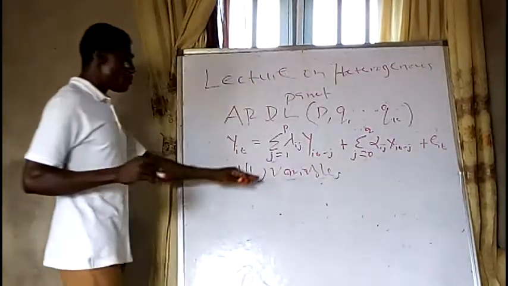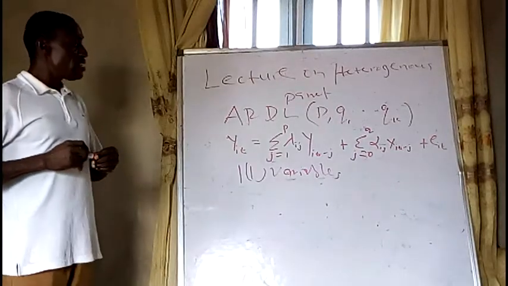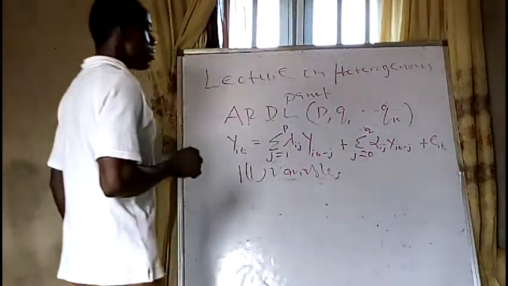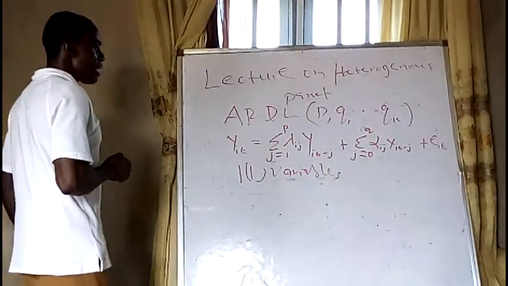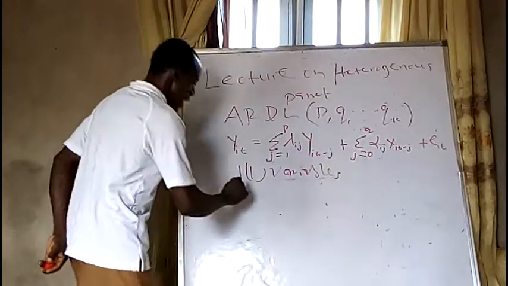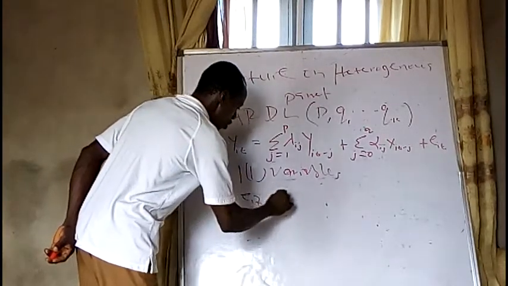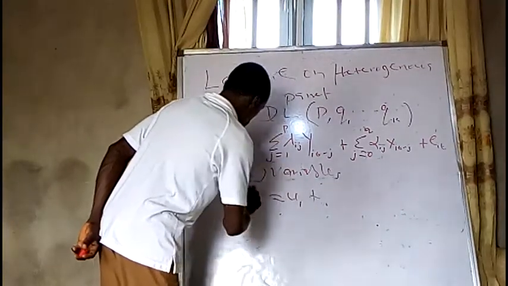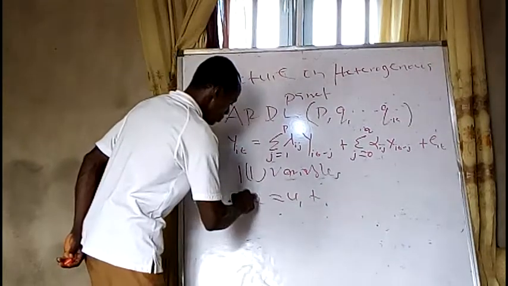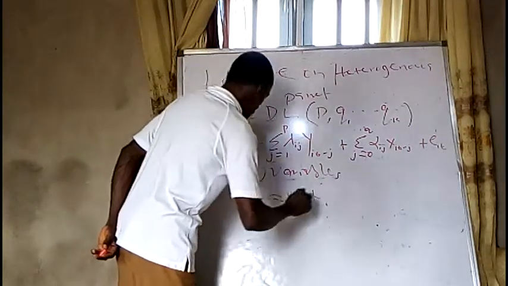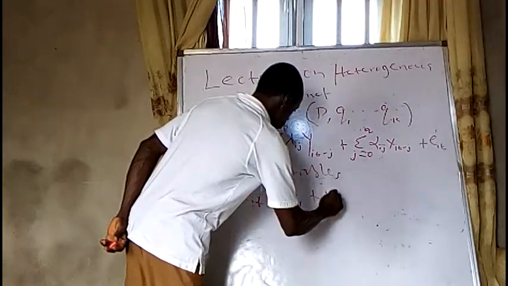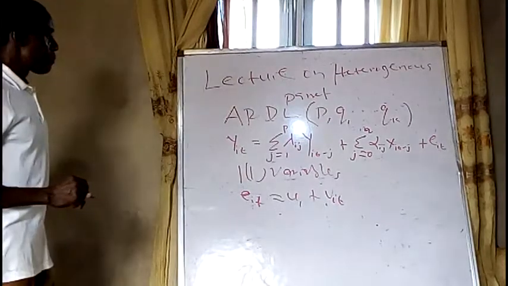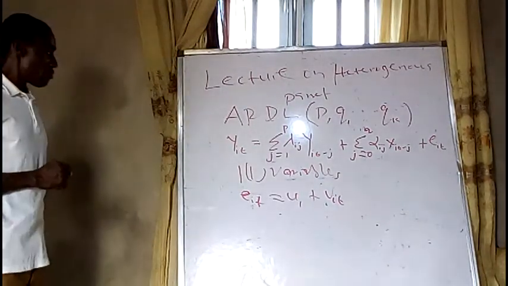it means that the disturbance term, which is defined as e_it is equal to u_i plus v_it, will be an I(0) variable.